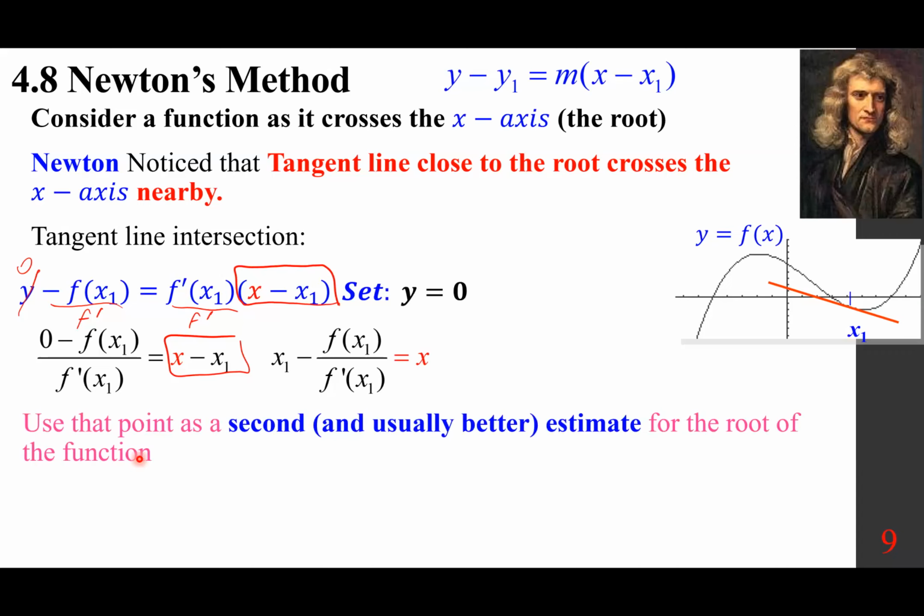So again, this is just some point which was created by the tangent line as it crossed the x-axis. This is the root, the x-intercept for the tangent line, not for the function. But it's an approximation for the real root we are looking for.